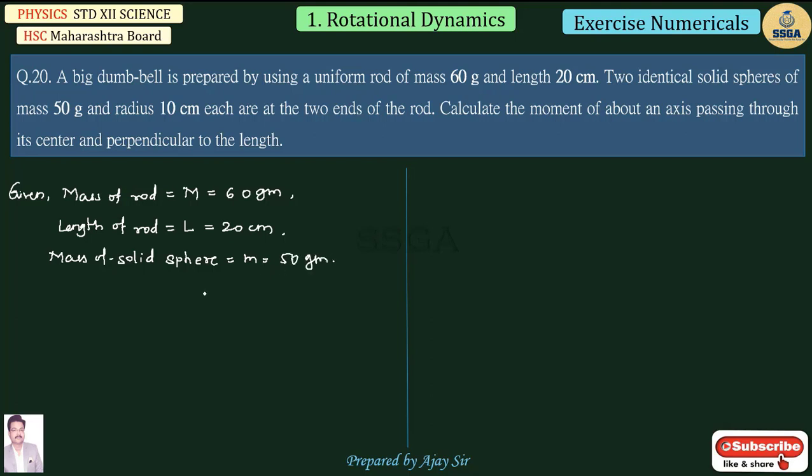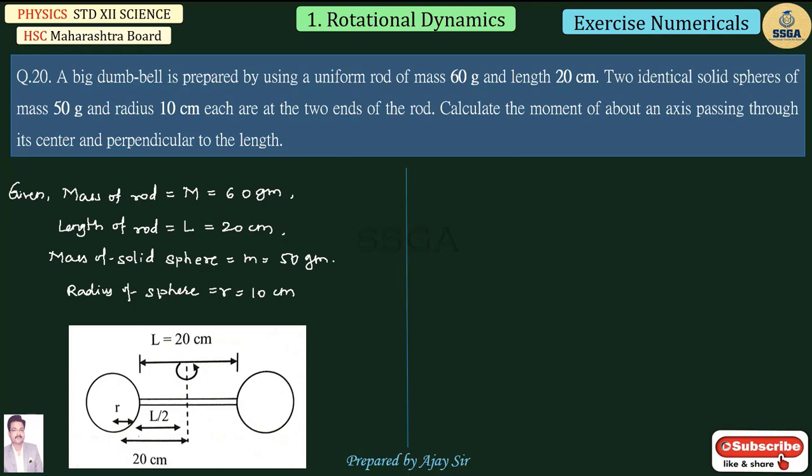So we are converting the rod into a dumbbell. So that dumbbell has at two ends solid spheres of mass 50 gram, and the radius of that sphere of mass 50 gram is 10 centimeter. So this is the information from the given data.